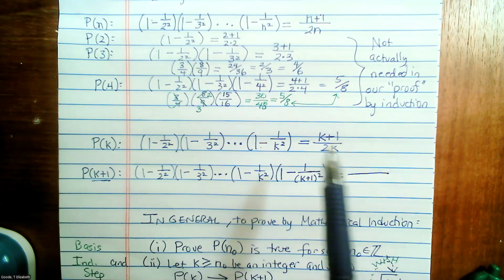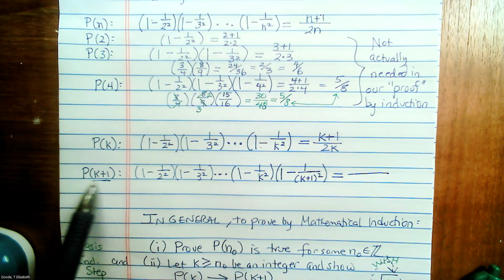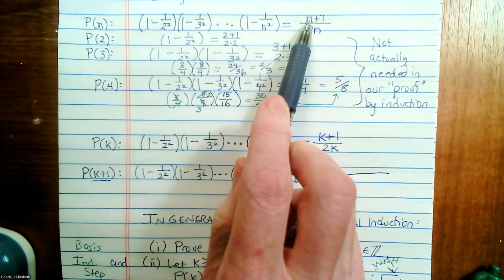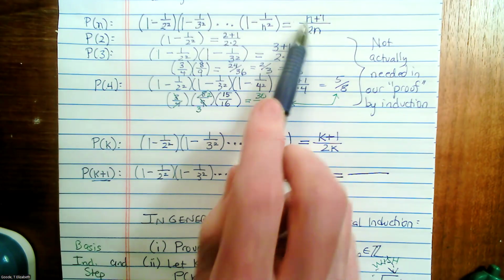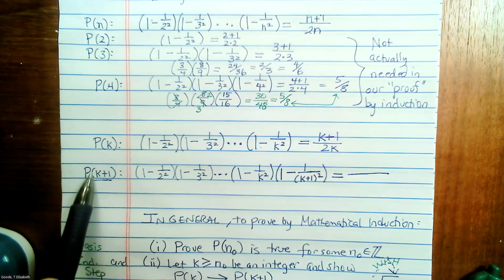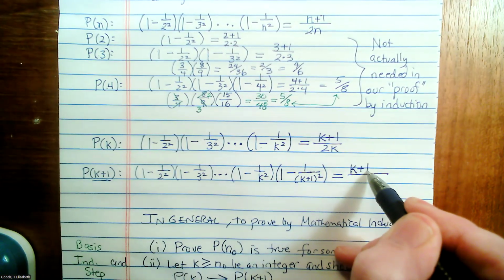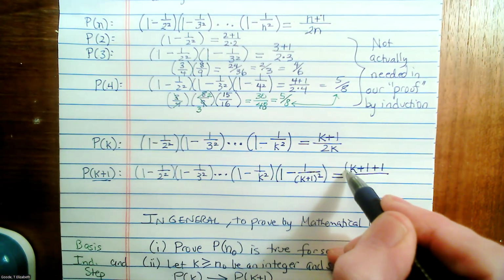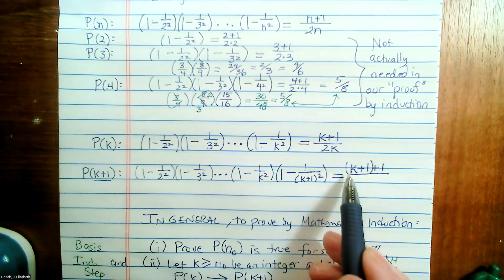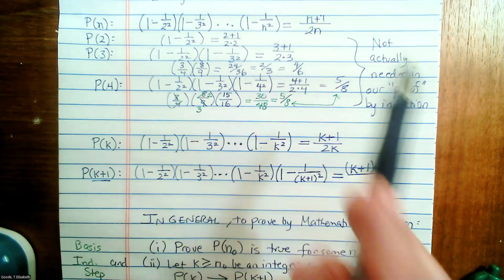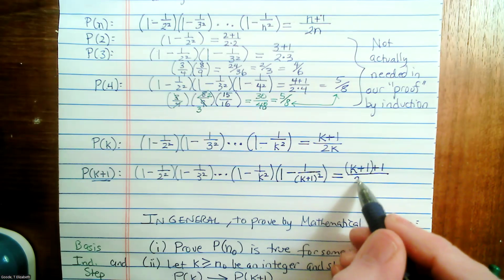What will the top look like when we're looking for the right-hand side of P of K plus 1? K plus 1. Yep, that's exactly what it is. We're just inserting K plus 1 where there used to be an n. And then it would be 2 times K plus 1.